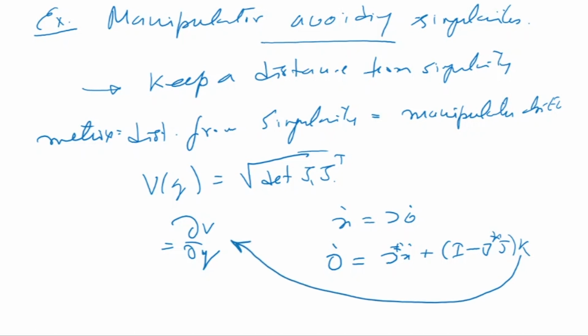What it is going to do is move in such a way that it keeps away from the singularity, because if it is maximizing the manipulation ability, it is keeping away from that. So you just follow the gradient of the manipulation ability, and that will ensure that you're keeping away from singularities.